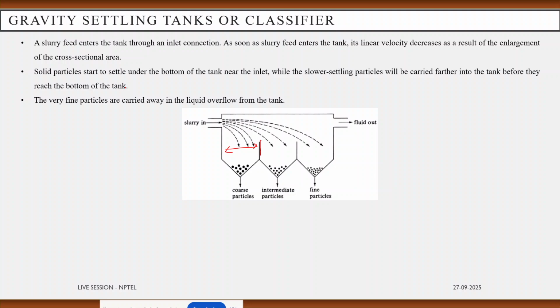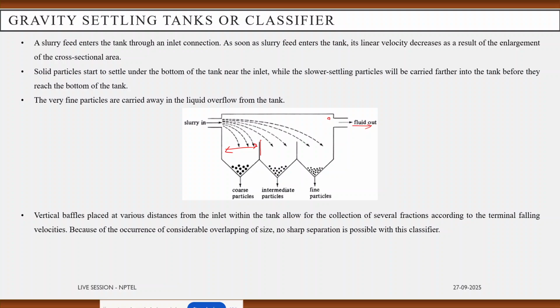In such a way, the very fine particles will not settle down till they reach the end of the settling tank, and over the period, the fine particles will be collected from the fluid stream here.